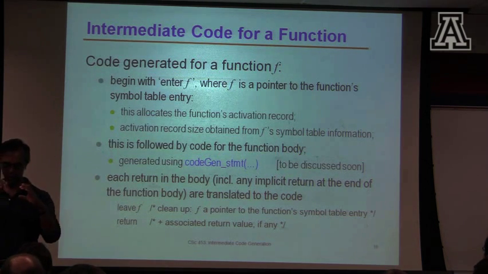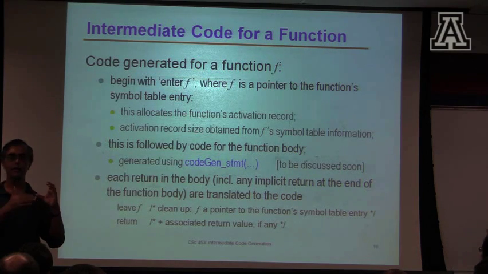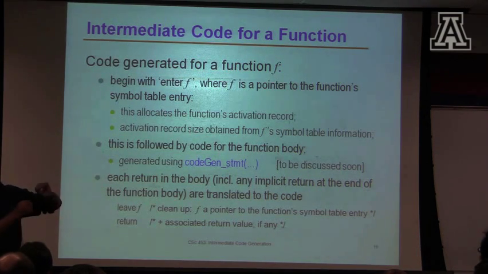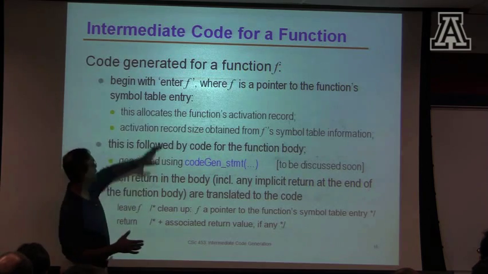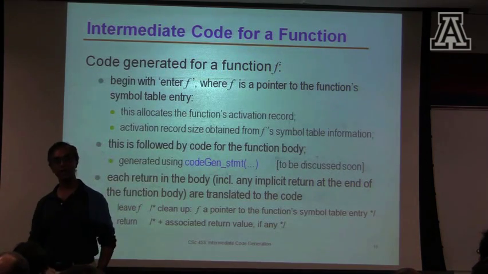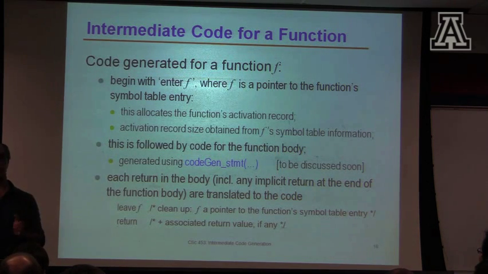I will traverse the body, stick all of that stuff in the symbol table. Then I'm going to do final code generation. So now I come back and I say, okay, I need to allocate a stack frame. How much space do I need? Well, I have traversed the entire function body. I've looked at the entire function body, all of the expressions.